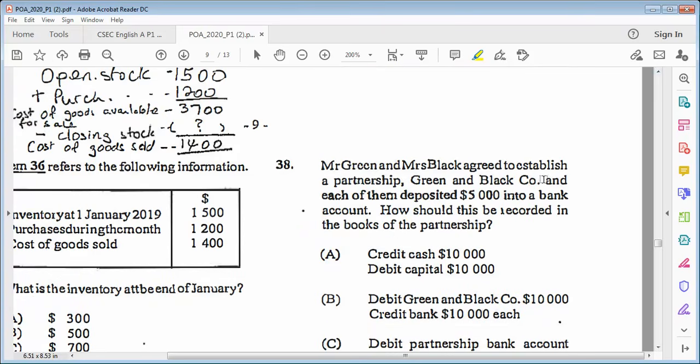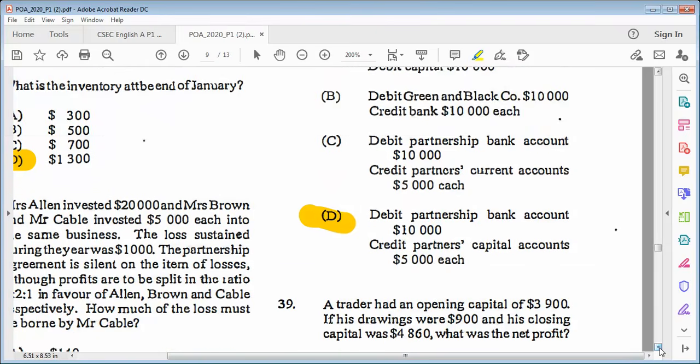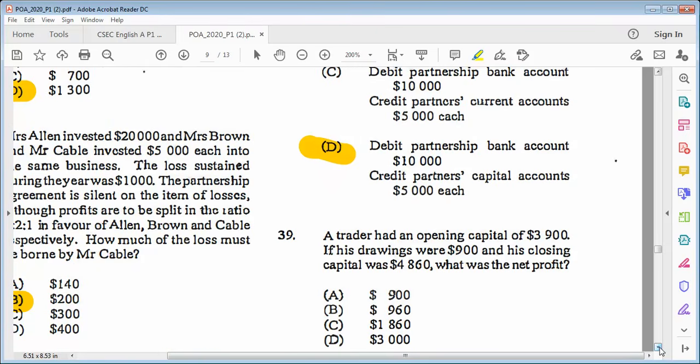So based on the question, we would debit partnership bank account $10,000, both of them, and then credit the partners, each of them that started it with $5,000.